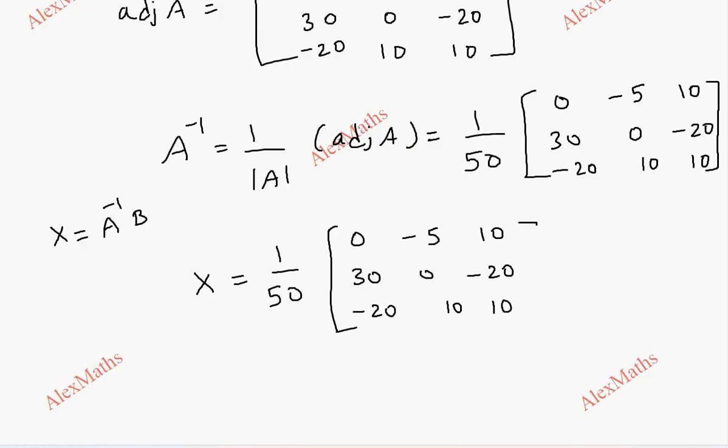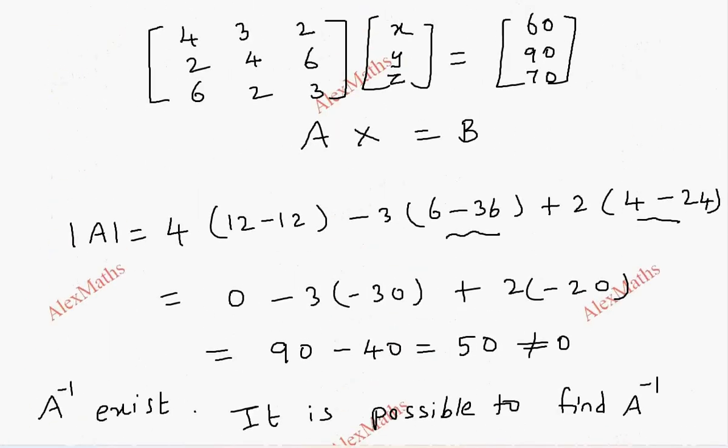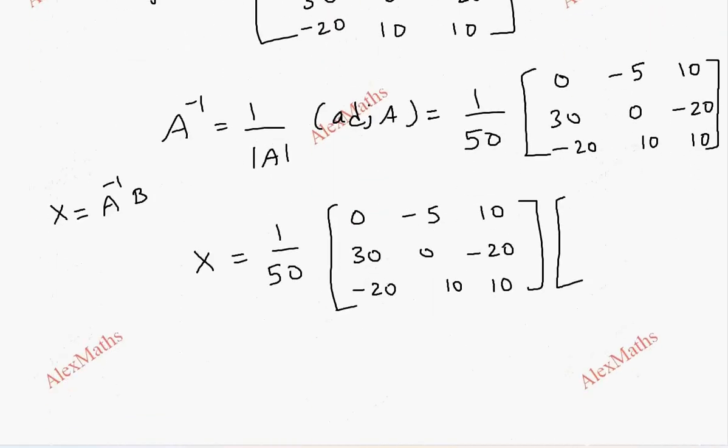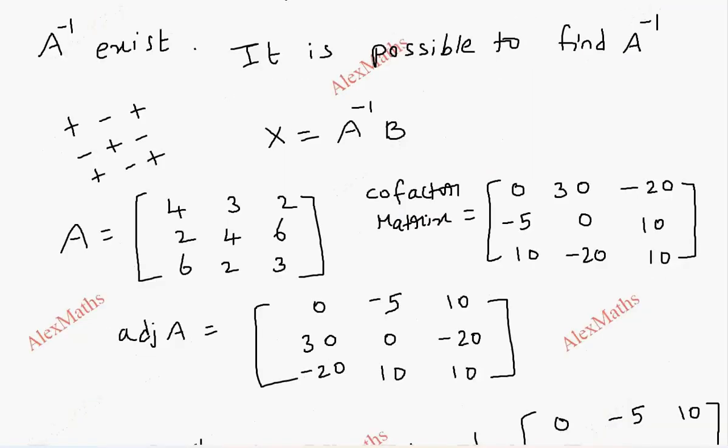And this we have to multiply with the B matrix, which is 60, 90 and 70.